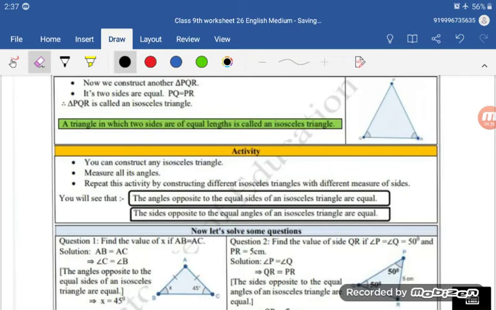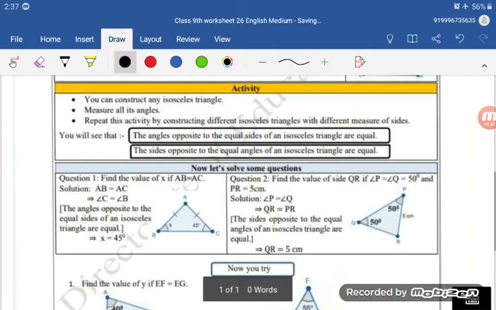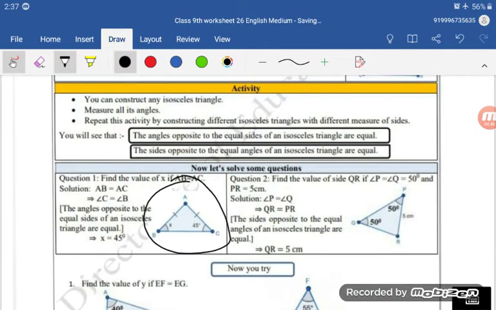Now let us solve some questions. Here is question number 1. Find the value of x if AB is equal to AC. In this diagram, triangle ABC, side AB is equal to AC. That means two sides are equal, that is why it is an isosceles triangle.